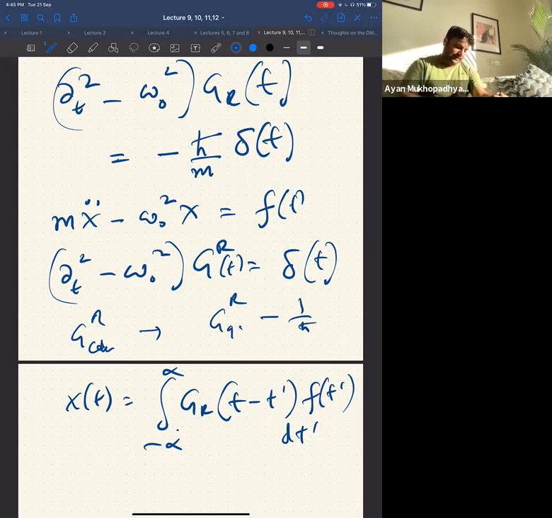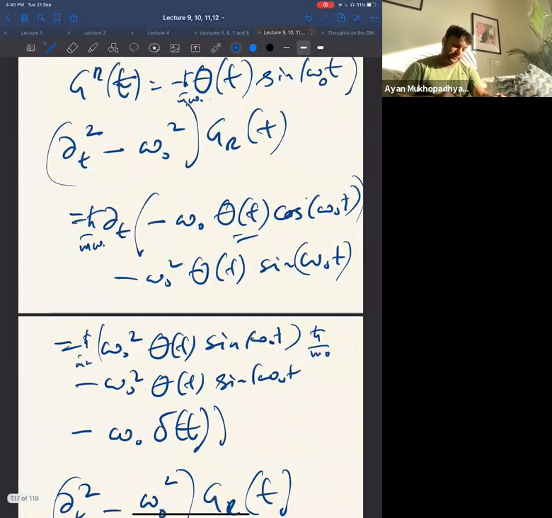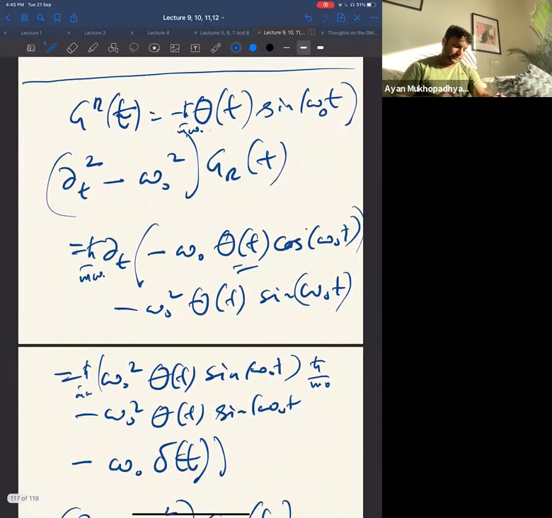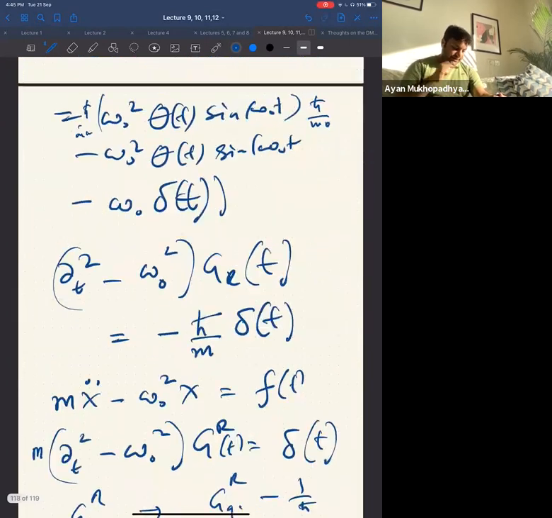But otherwise, even in the classical case, you have an overall m, and this should have been m x double dot minus omega naught squared by m, but I don't know what happened here. One second.